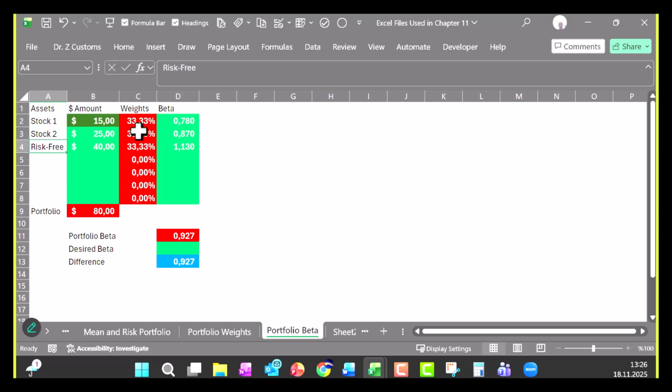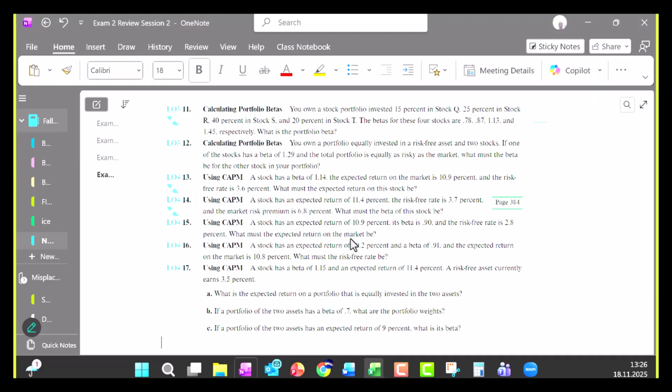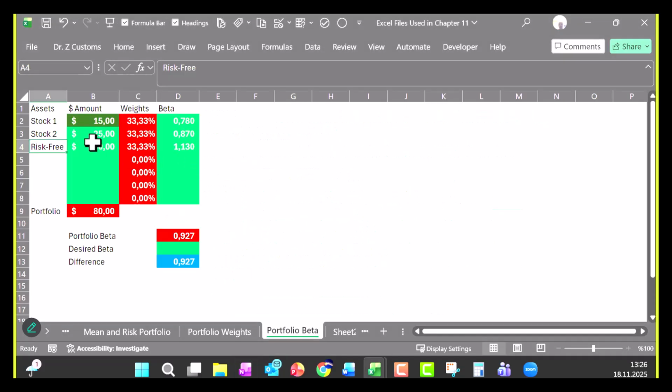Okay. One of the stocks, and I'm gonna call that stock two. Remember, what's the beta of a risk-free asset? You guys remember? No, zero. One is the beta of the market portfolio.